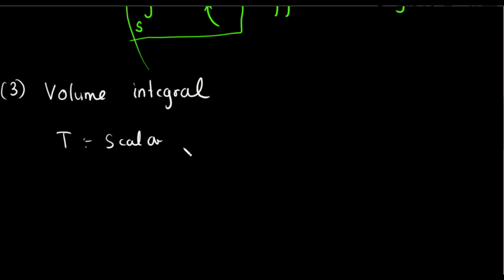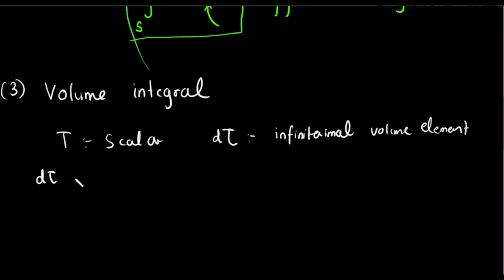So now I'm going to take my scalar as t. Now I'm going to add another term. This term is called the infinitesimal volume element. So now I have 2 terms here: one is a scalar function and the other is the infinitesimal volume element. In Cartesian coordinates, you can write this infinitesimal volume element as dx, dy, dz.